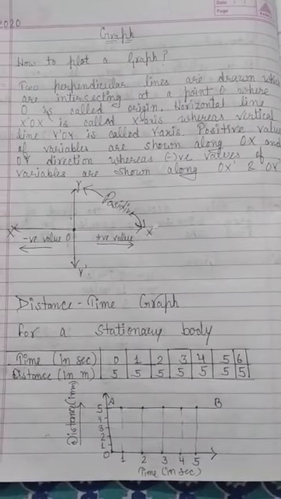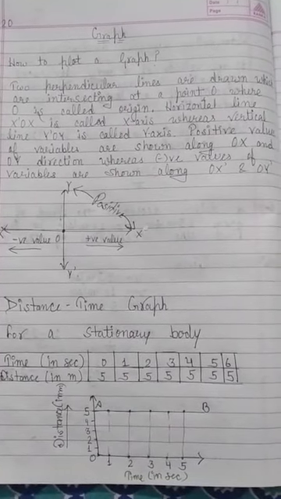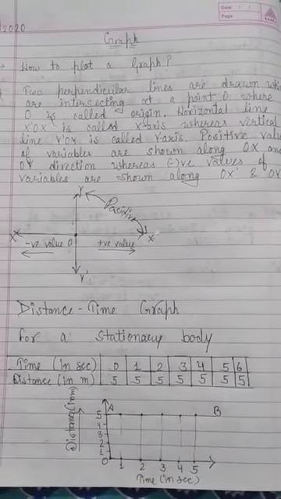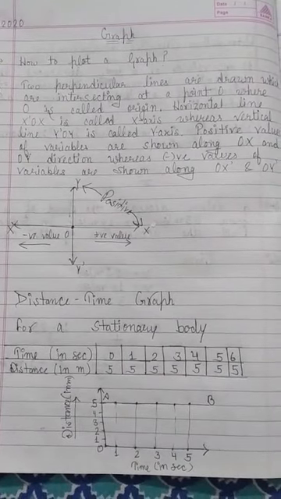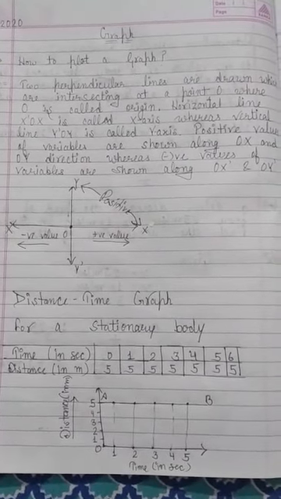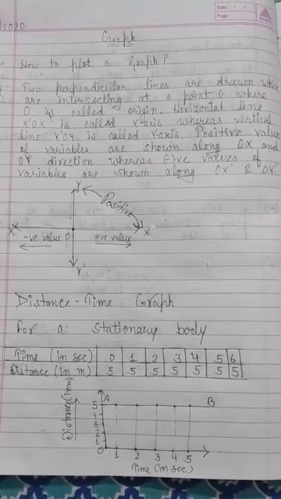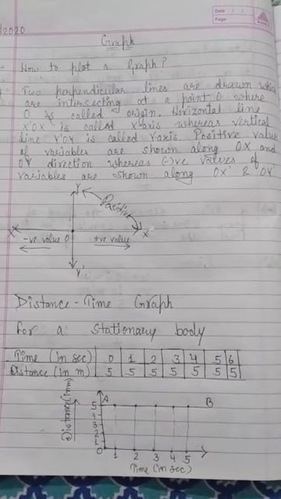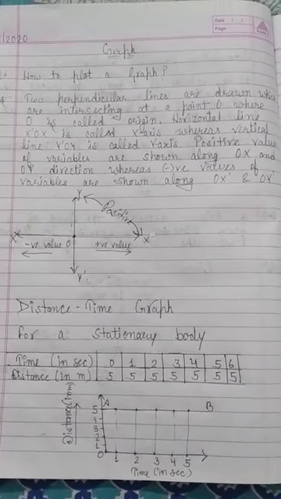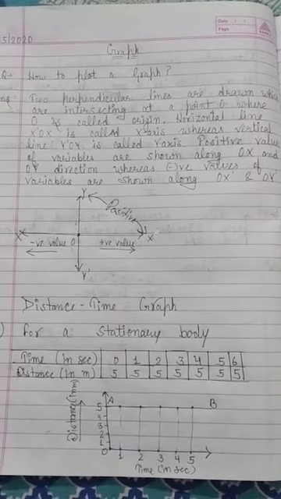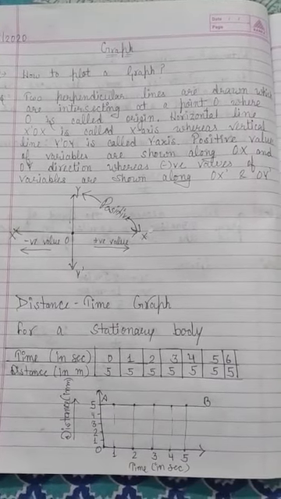Now let's draw the graph for this. First of all, again, we have taken two perpendicular lines. They'll cut at origin O. On the y-axis, we have taken the values of distance, which are in meters, and on the time axis we have taken the values of time, which are in seconds.